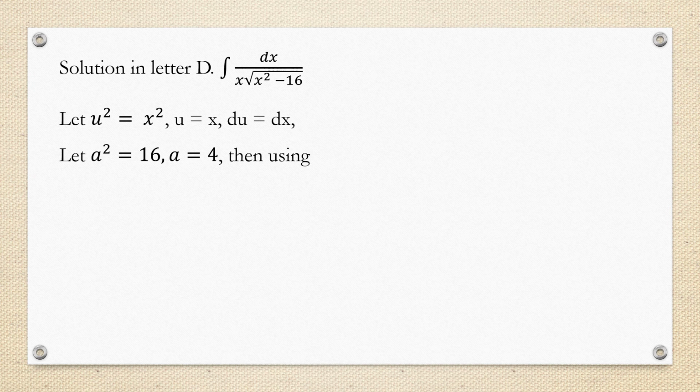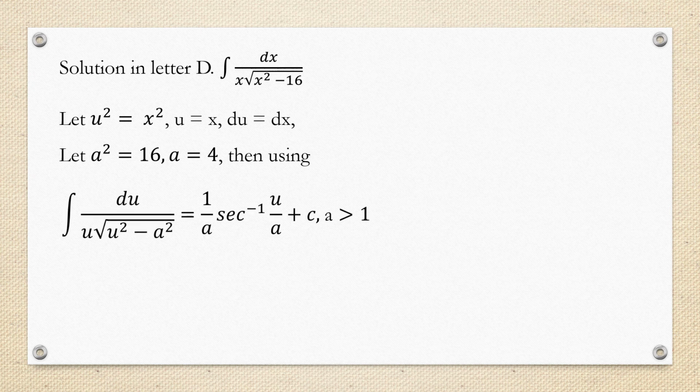Then using our formula for the inverse trigonometric function, we have the integral of du over u times square root of u squared minus a squared, which is equivalent to 1 over a, inverse of secant of u over a, plus c, where a is greater than 1.